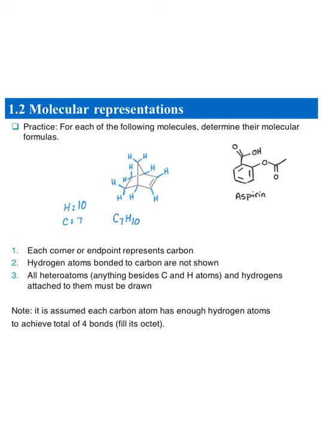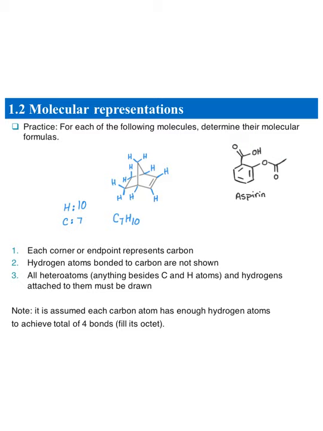Now, for aspirin, this is the structure of aspirin, bond line structure. Again, we start with drawing all the hydrogens. So the end point here, we know that an end point is a carbon. It already has 1 bond.